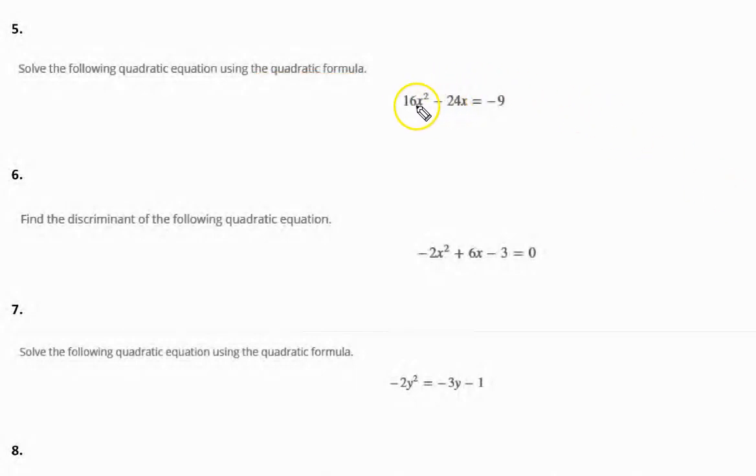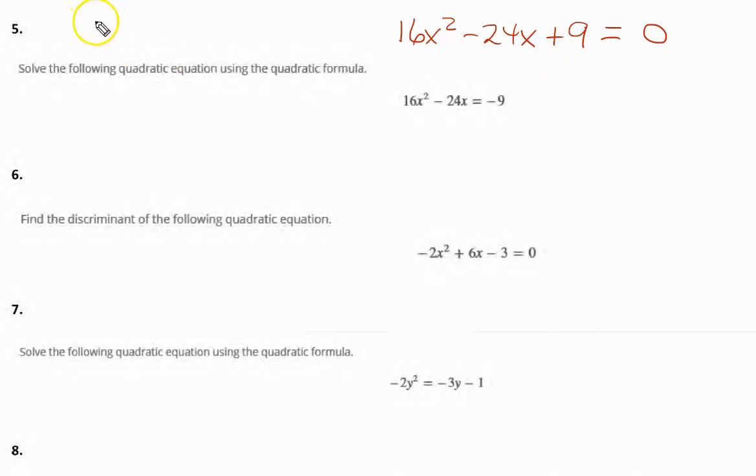And is this in standard form? And the answer is no. So let's put it in standard form together. 16x squared minus 24x plus 9 equals 0. Now, why is that crucial that this is in standard form before we put our values into the quadratic formula?